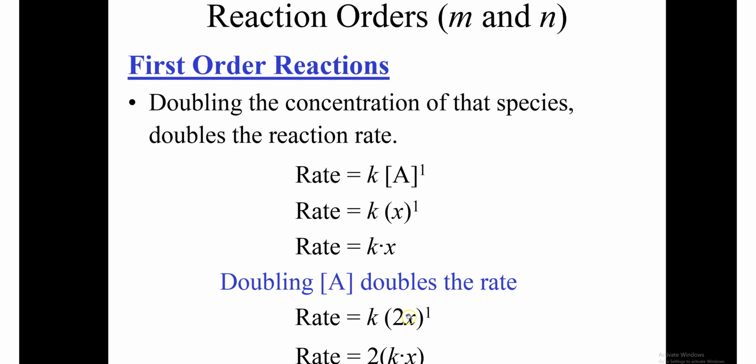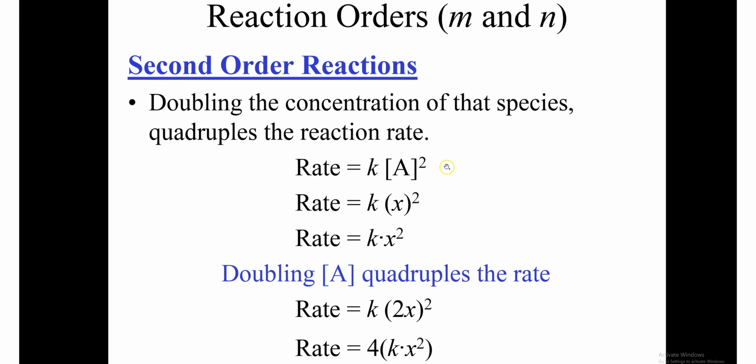Now if I double this, you're going to get 2 times the rate. So you can always pull this out. If the concentration triples and the rate triples, then obviously you know that you've had a first order reaction. And so again, doubling the concentration is going to double the rate, tripling the concentration is going to triple the rate, quadrupling, and so on.